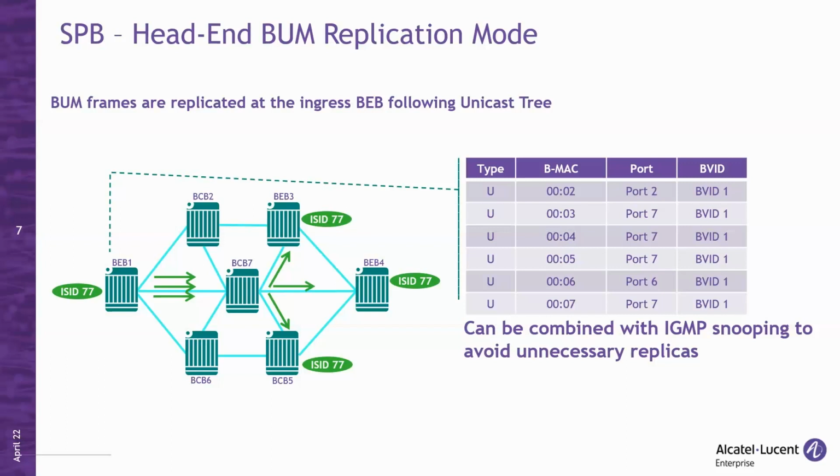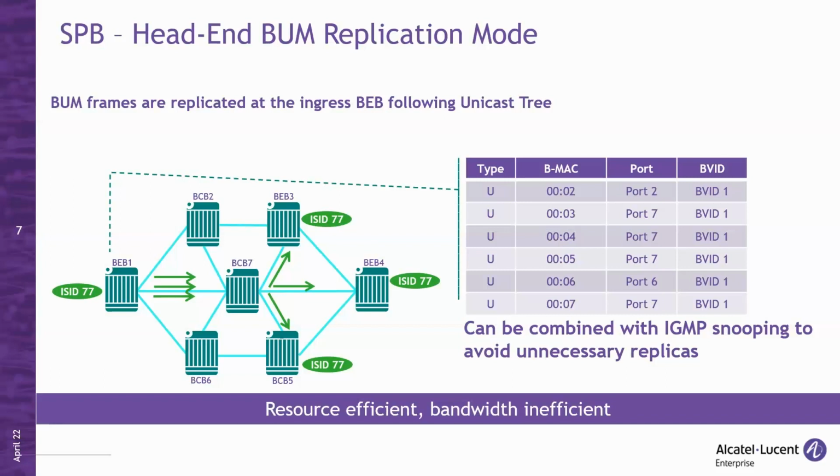A replica is created for every far-end BEB connected to the same service, and these replicas have the BEB's backbone MAC address as the destination address and are forwarded using the unicast forwarding database. Head-end replicated BUM traffic simply uses the unicast forwarding database and therefore travels along the same path. This property is known as congruency.